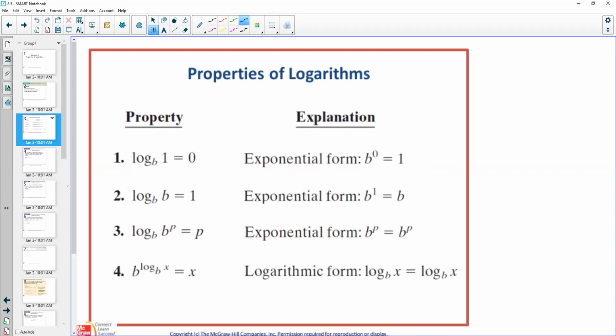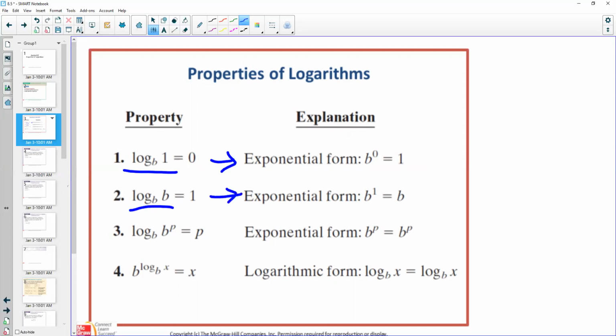The first is log base b of 1 equals 0. Basically, that's just the opposite form of the idea that anything to the power of 0 is 1, period. The second is that log base b of b, if the base and the argument match, then the exponent is 1.